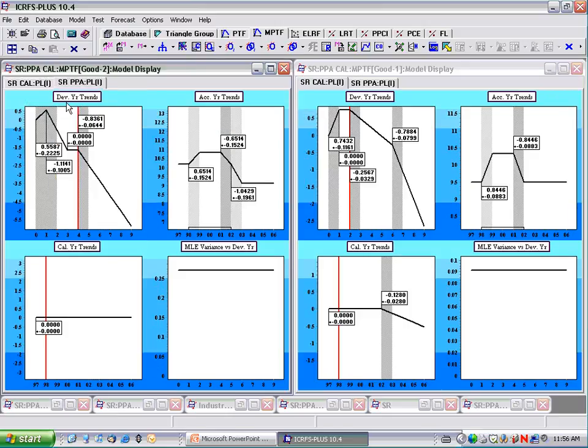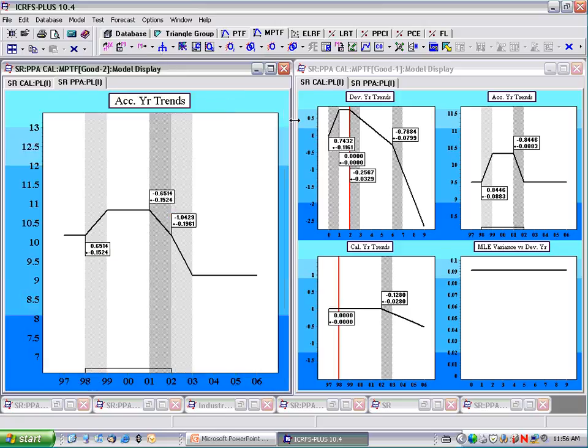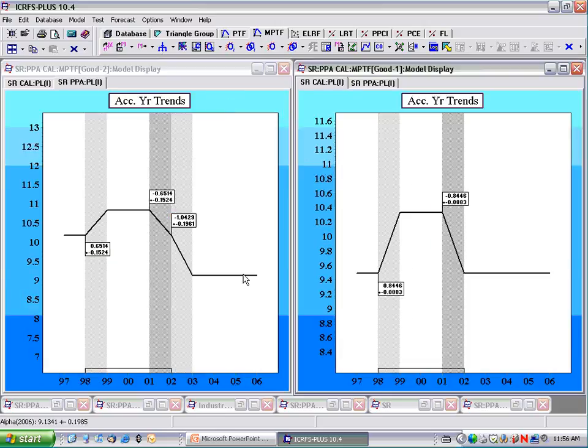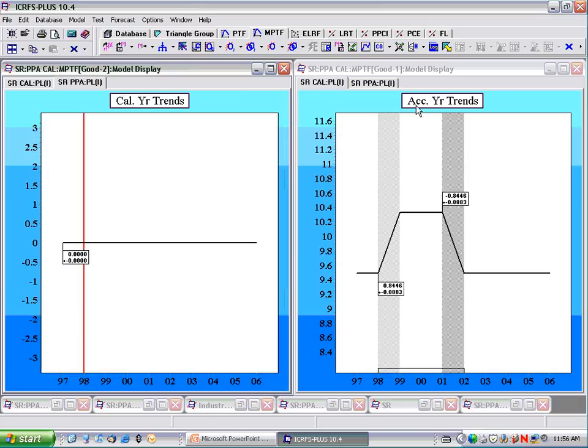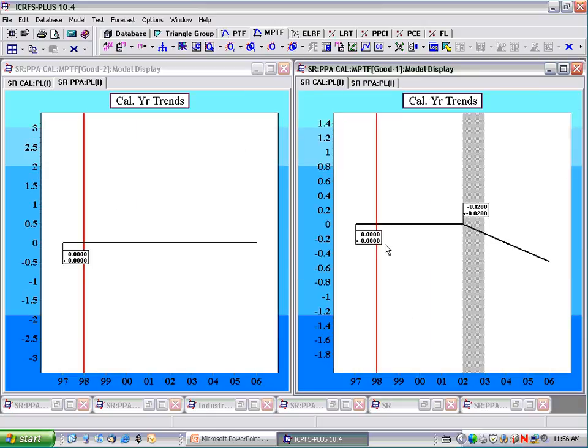PPA, private passenger automobile, is going to be on the left, commercial auto liability on the right. There are some similarities along the accident years, but that's already in the model. If you look at the calendar years, they're not the same.